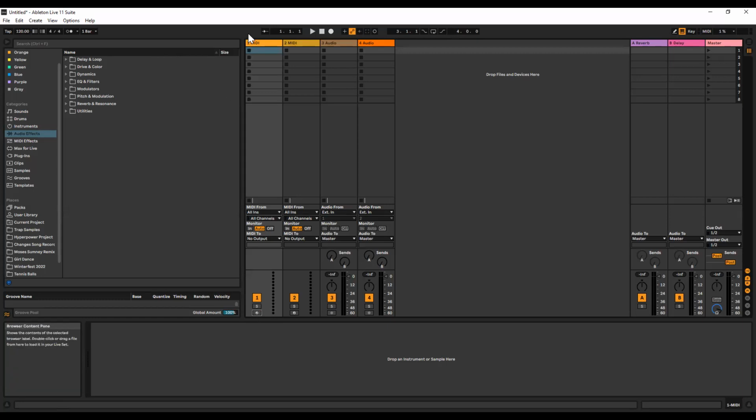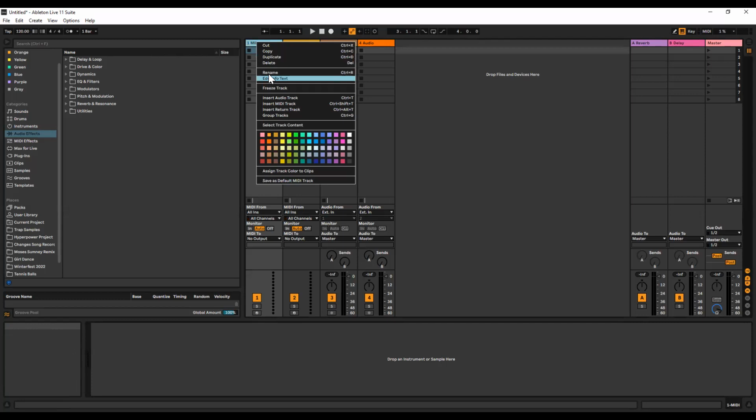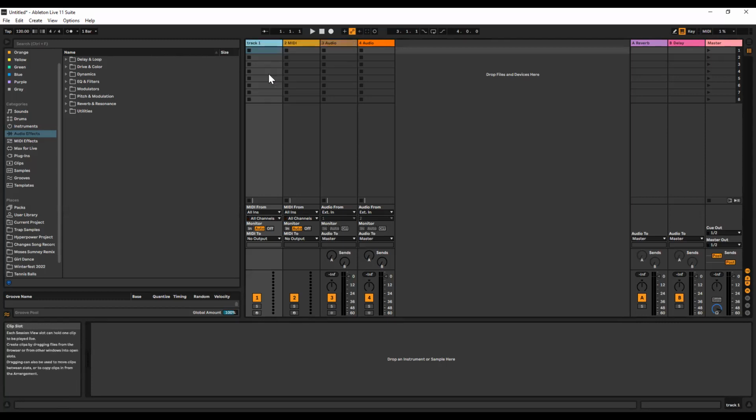So you have to obviously have an instrument, but more than that, the first important thing is that in order to transfer signals, okay, I'm going to label this as track 1. There's no signal going to track 1. If there was, then we would be able to see it here.